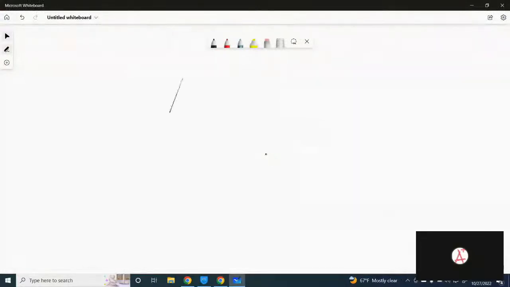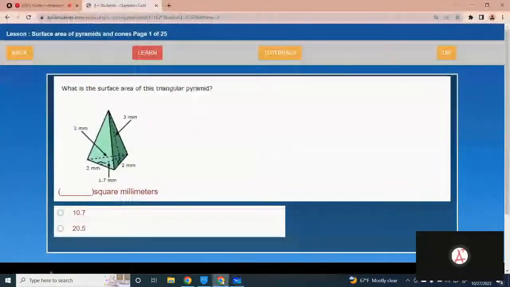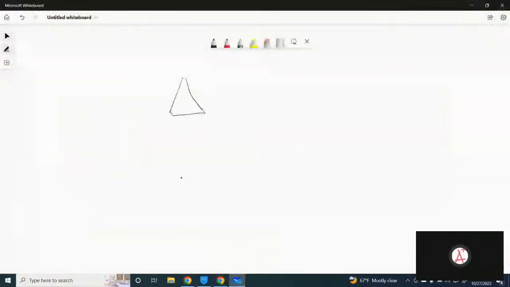Okay, so let's start with the first face. The height is 3 and the base is 2. Sorry, here is height. Height is 3 and the base is 2. So you can find the area of the triangle as half times base times height.